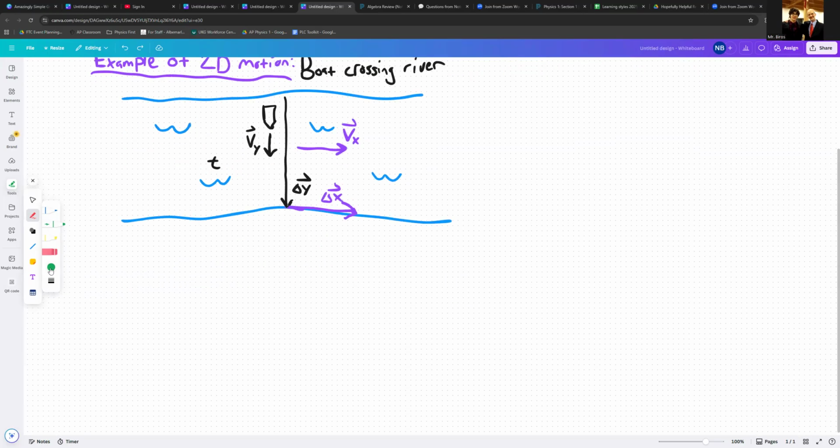Now let's get into projectiles specifically. Projectile motion. This is a situation where objects are typically launched or thrown from some height above the ground. They could be dropped, but usually they're launched or thrown.